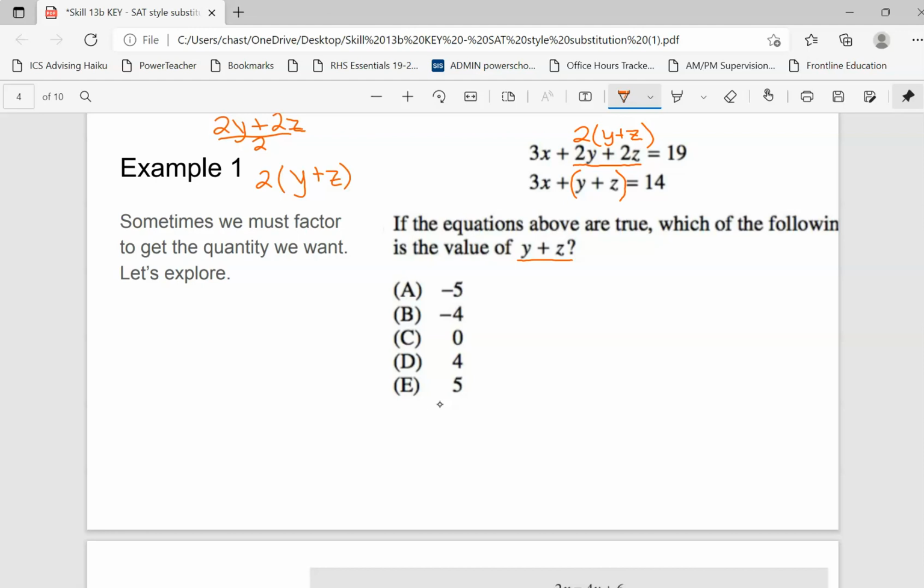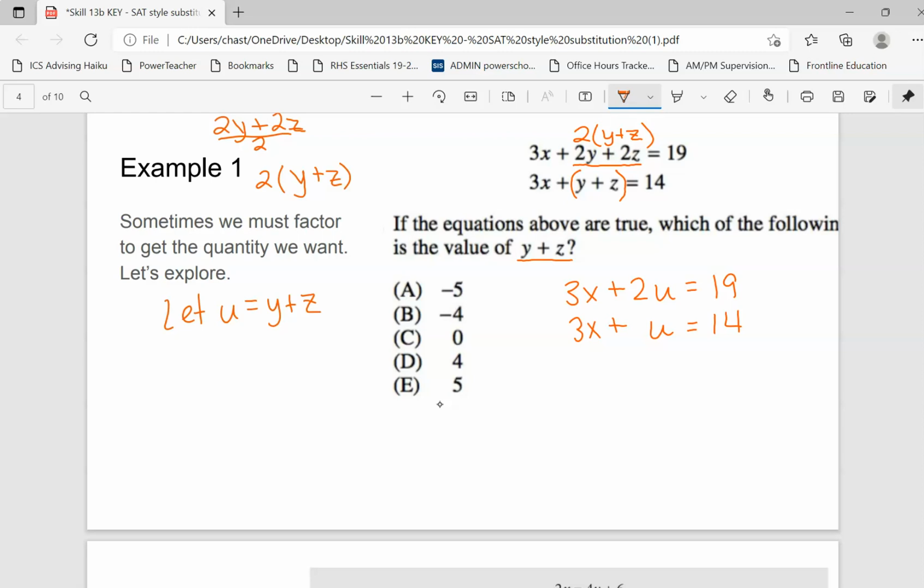And so now I have the equation, and then I'm going to let u equal y plus z. So now my system of equations will look like 3x plus 2u equals 19, and 3x plus u equals 14.